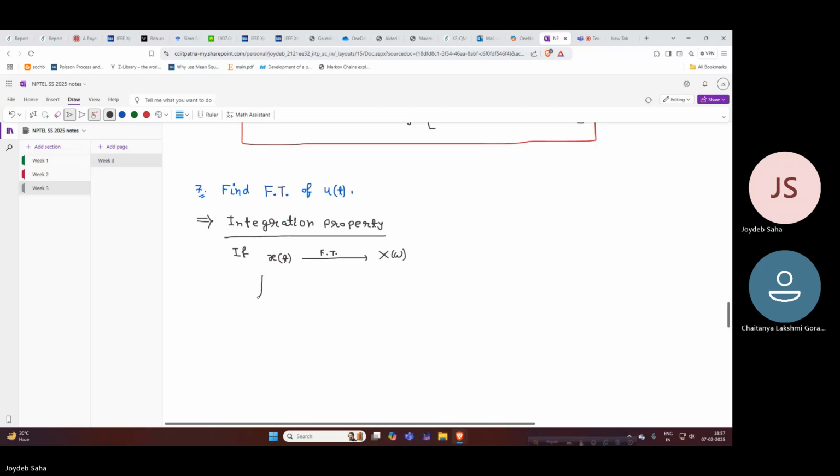the integration from minus infinity to t of x(tau) d tau, its Fourier transform will be X(omega) upon j omega plus pi X(0) delta omega.